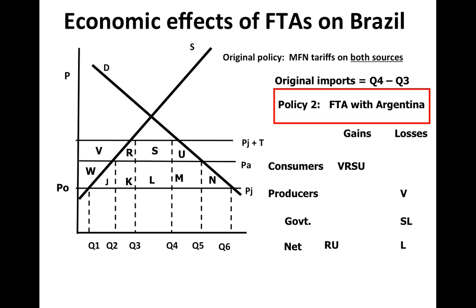If you look at the net effects, canceling out the gains and losses, i.e. a transfer domestically doesn't affect the economic welfare, what you have is that there are net gains of RU and losses of L. Now, whether or not this is a net gain or a net loss depends on the relative sizes of RU and L. And these are the trade creation and trade diversion effects.